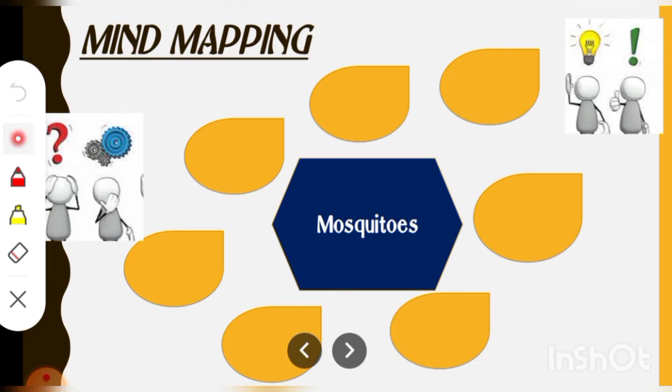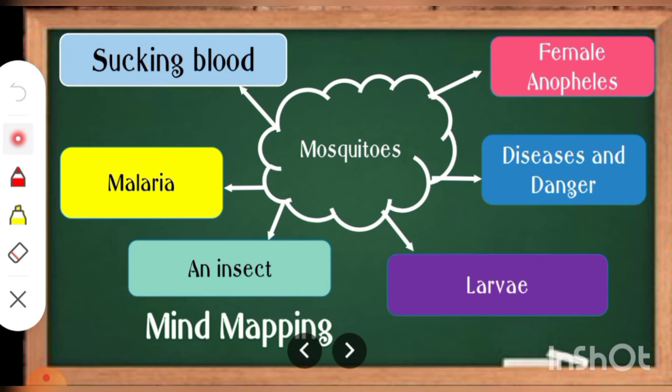Dear kids, what comes to your mind when I say the word mosquitoes? Yes, they suck blood. They spread different diseases like malaria. Yes, they are insects.